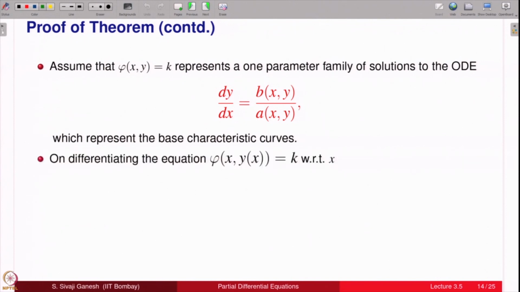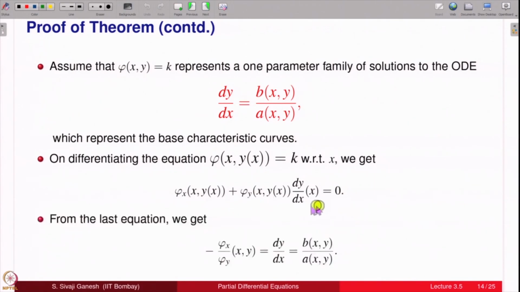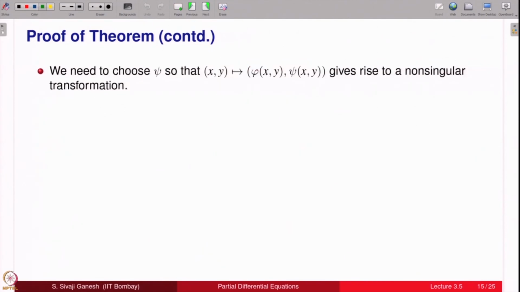On differentiating this equation phi of xy equal to k, by chain rule we get this identity, and then we get dy by dx equal to B by A, and on the other hand we get minus phi x by phi y. Now, we need to choose psi such that this transformation xy going to phi xy, psi xy is a non-singular transformation, namely the Jacobian is not equal to 0 at the point x0 y0.